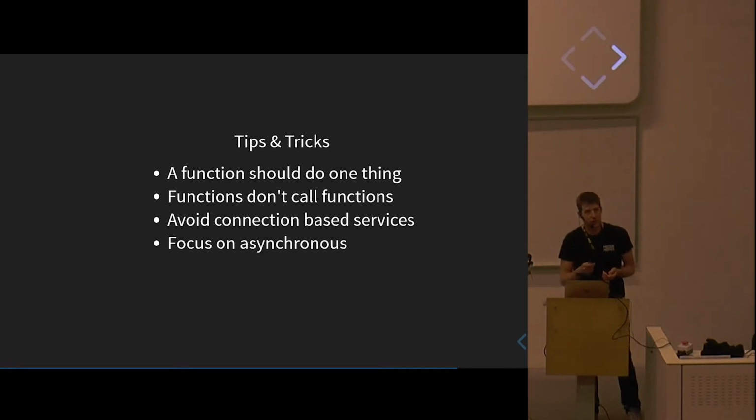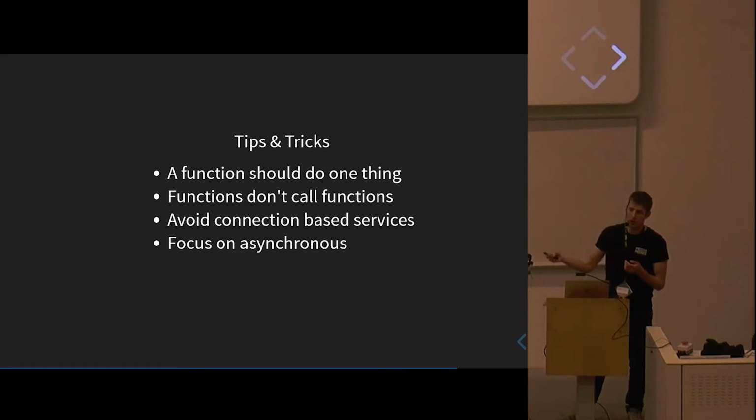Also focus on asynchronous. If there's something you need to do, put it in a queue. And then have a Lambda looking at that queue instead of trying to do everything in a synchronous order. And play with memory size. This is really interesting. You can configure how much memory you're using in a function, but it's also directly tied to the CPU that you have available. So if you set it to 128 megabytes, that's the least amount of memory that you can use, it's also the slowest.